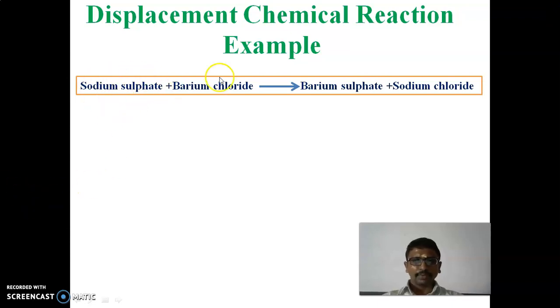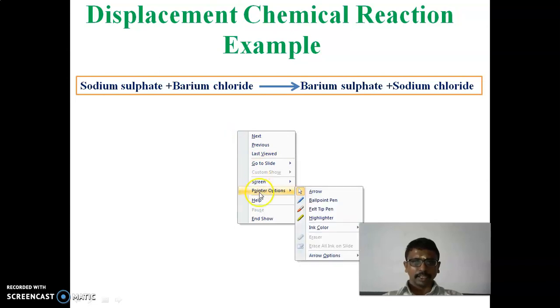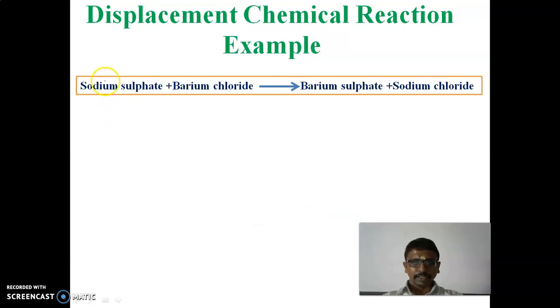Sodium sulfate plus barium chloride. It will form barium sulfate plus sodium chloride. You can see here, these are salts. Sorry, in sodium sulfate, sodium is the cation and sulfate is the anion. In barium chloride, barium is the cation and chloride is the anion.